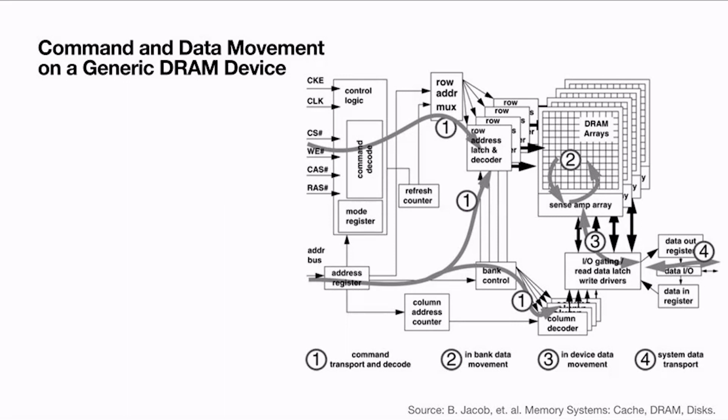This is what happens inside when a request is sent from the LLC to the memory controller, and finally it reaches the DRAM array, which supplies the data. And this is the reference I was talking about: Memory Systems: Cache, DRAM, and Disk by Bruce Jacob and team.